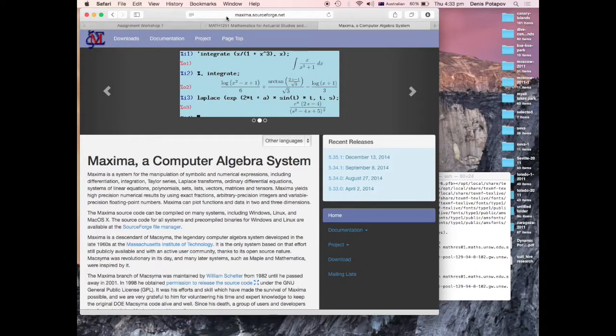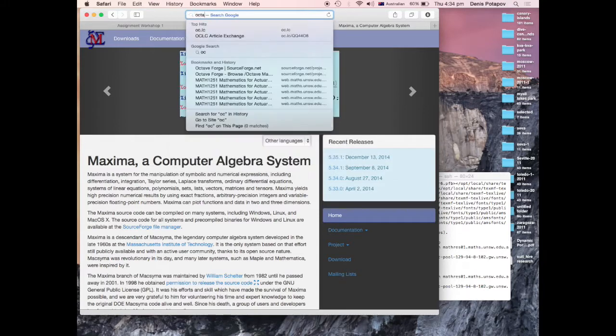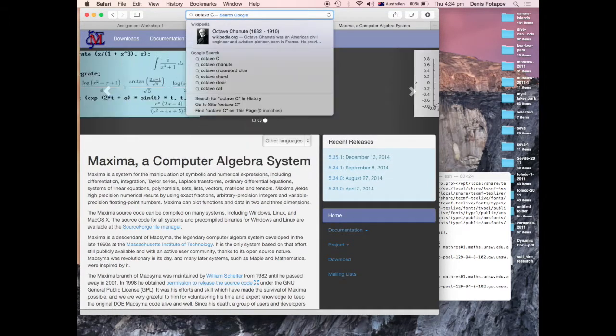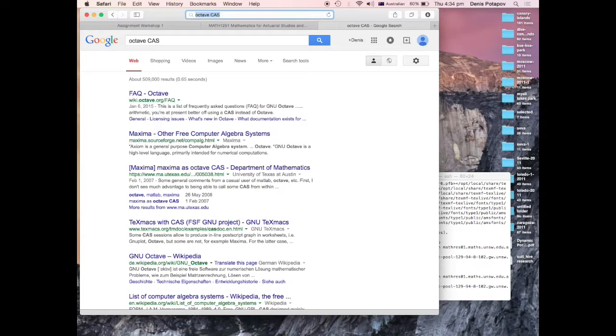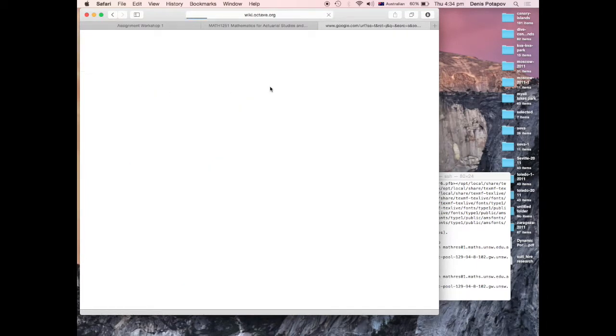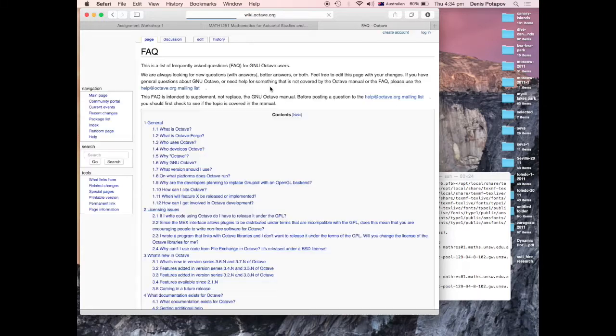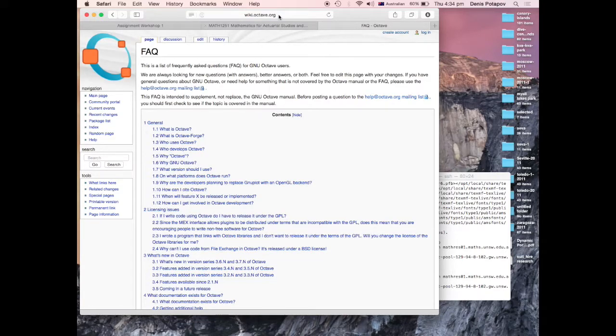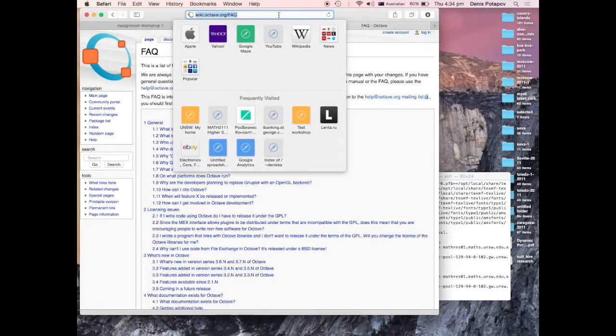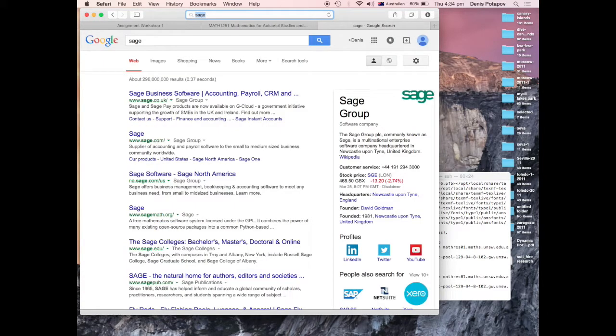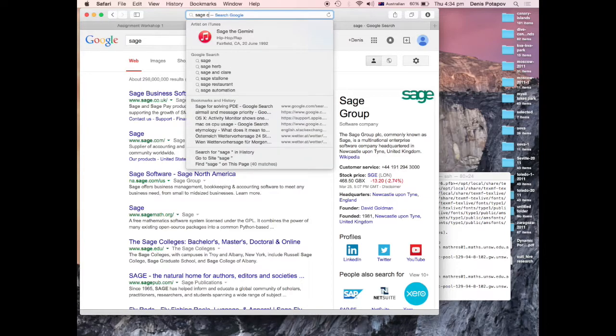There's another one which is called Octave. Yes, it's this one. It's another one which is good. And there is a third one which I never managed to get running on my computer, but I probably never tried hard enough. It's called Sage. Sage Computer Algebra System.